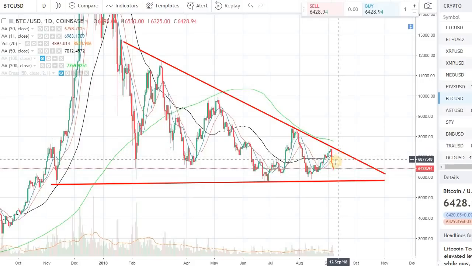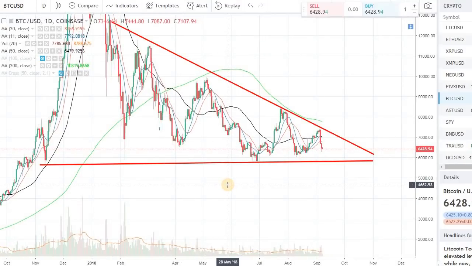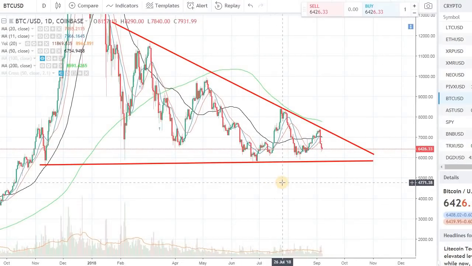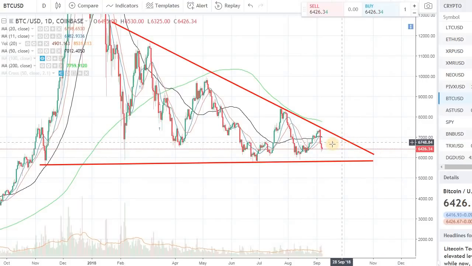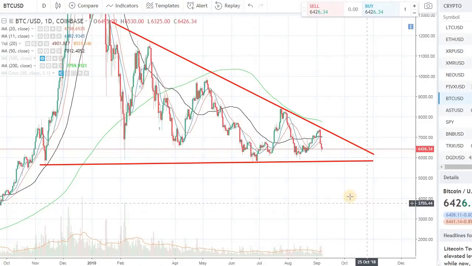Just like support, if support levels are tested numerous times, eventually it will break that support level, and vice versa. If the resistance is tested enough times, there will be a momentum where it will break that resistance. Do keep that in mind.